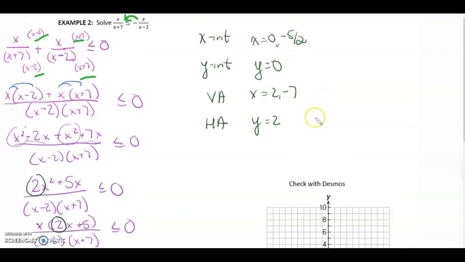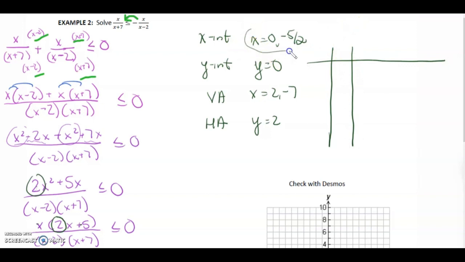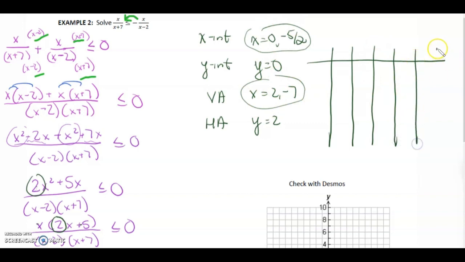So let's go ahead and set up our chart. We need these two numbers and these two numbers in there, alongside negative infinity and positive infinity. So we're going to go negative infinity, negative 7, negative 5 over 2, 0, to infinity.